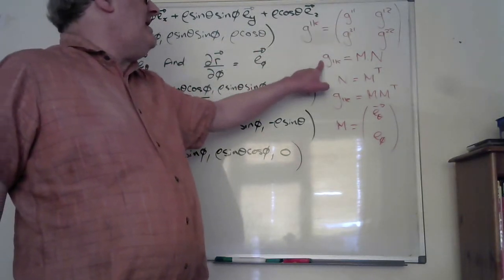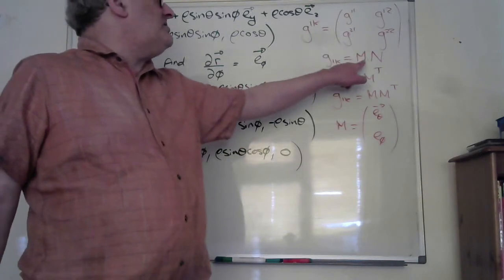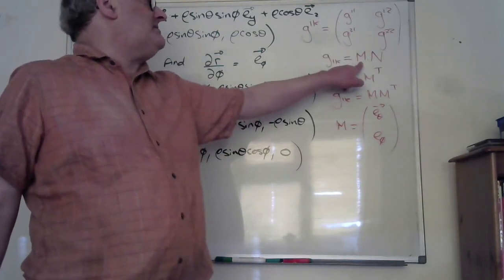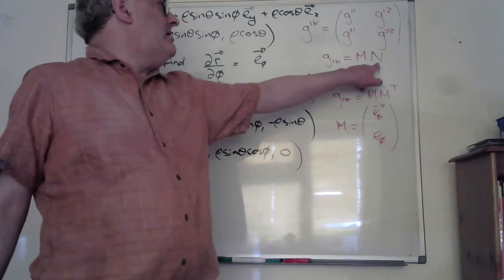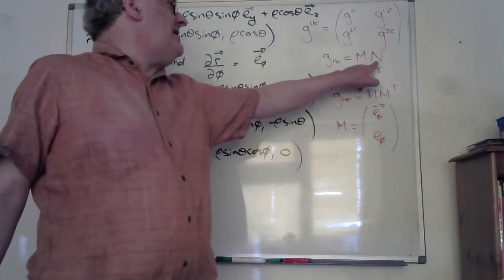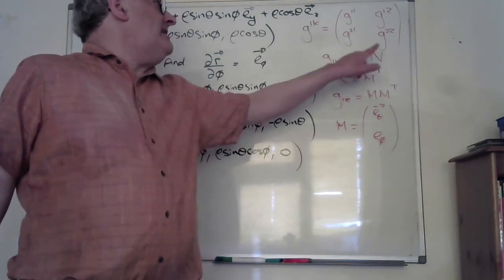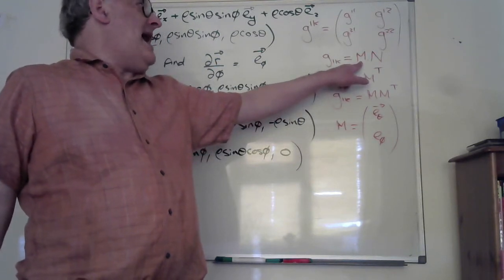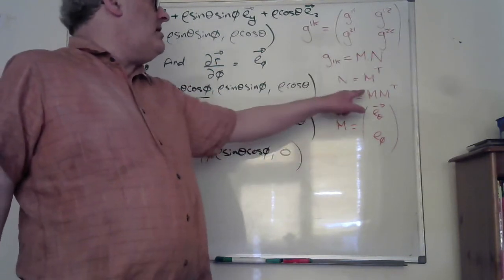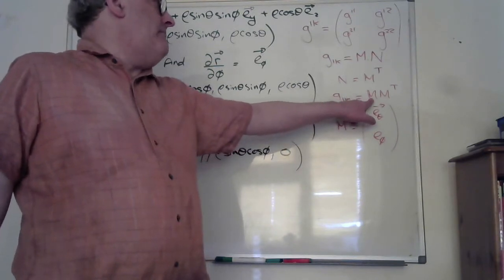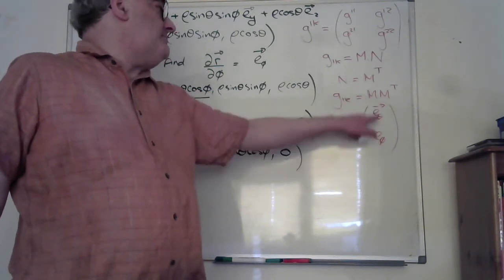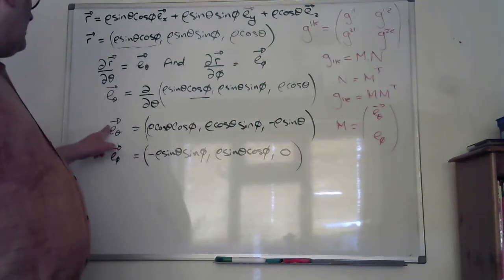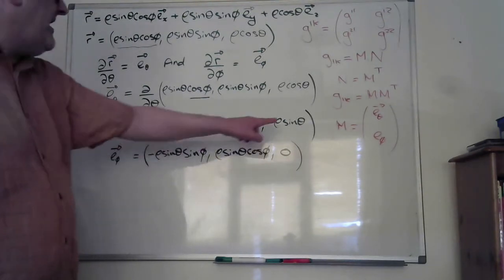But to find this, we have to deduce what matrix M is and matrix N. And it turns out that matrix N is just the transpose of matrix M, and we know that matrix M is just this matrix here. And what have we got? We've got E theta and E phi.